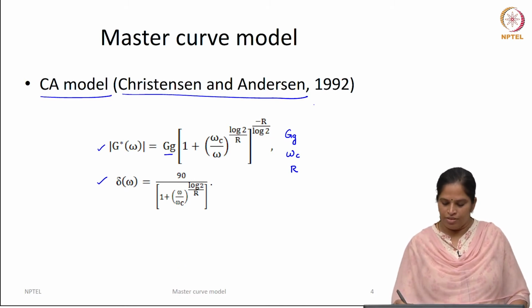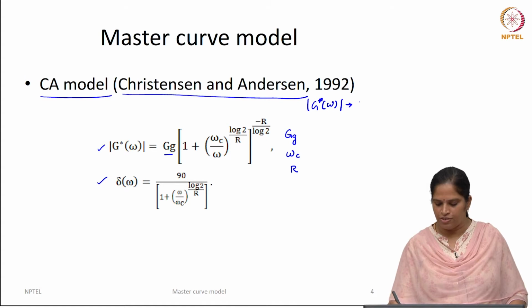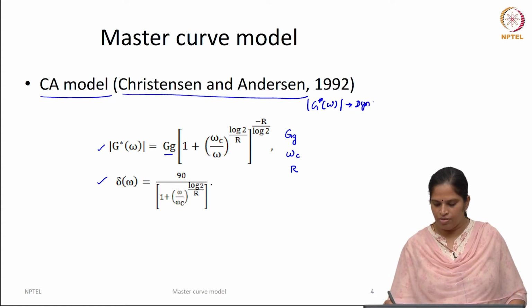Here G star of omega, the modulus, is the dynamic modulus, and delta, a function of omega, is the phase angle.